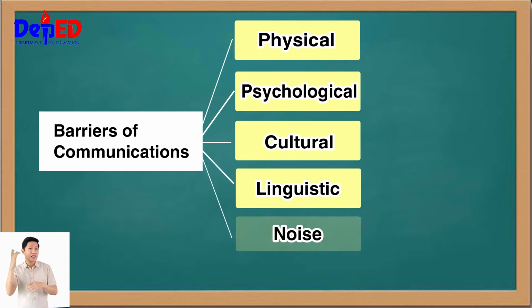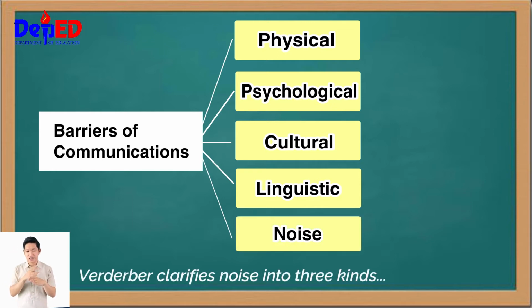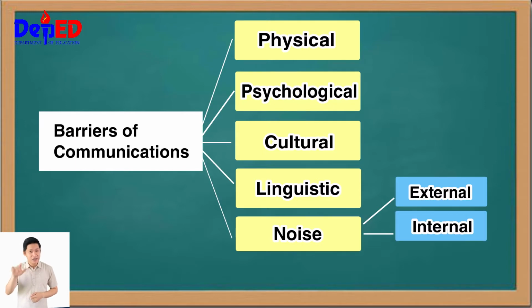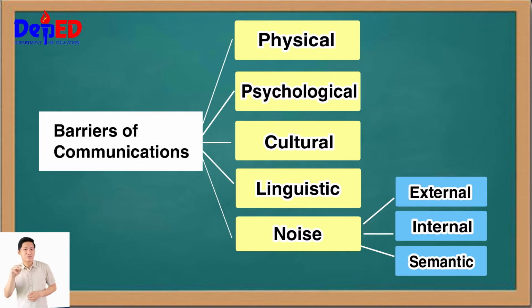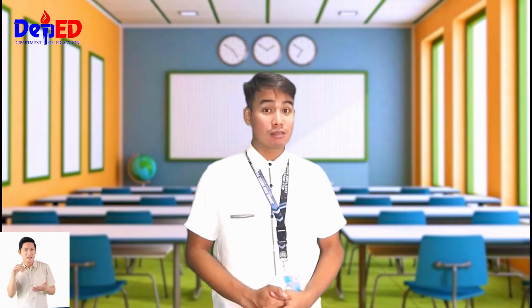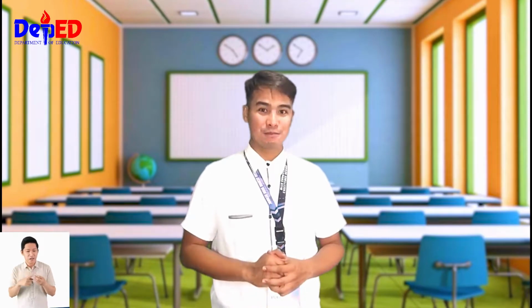And noise. Verderberg gives a similar idea when he clarifies noise into three kinds: external noises, internal noises, and semantic noises. Among those, let us first talk about physical barriers.